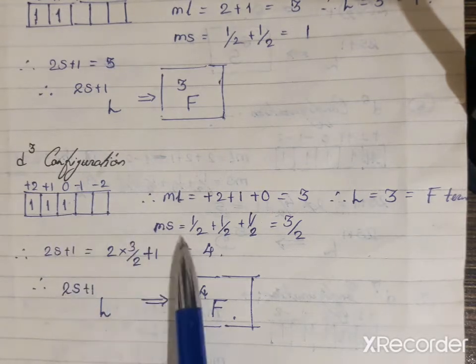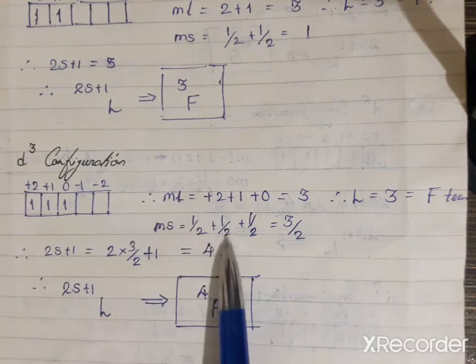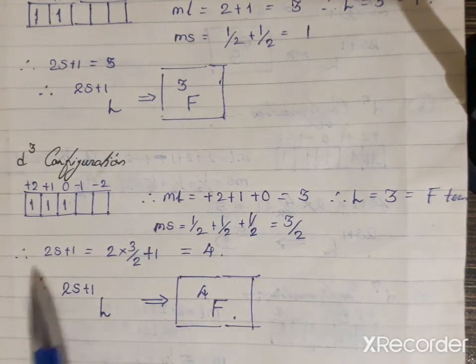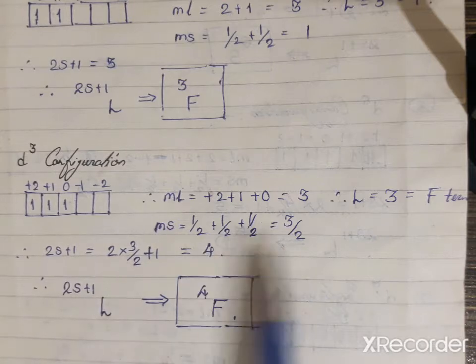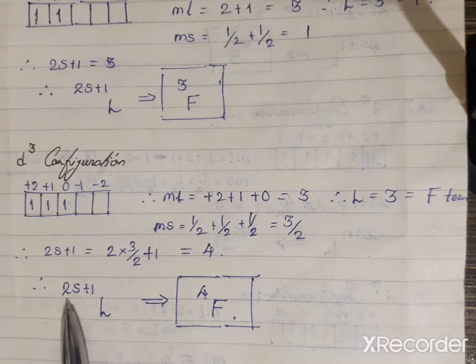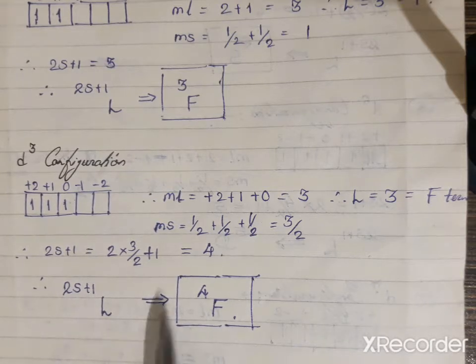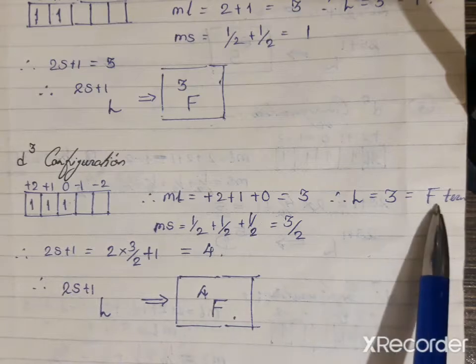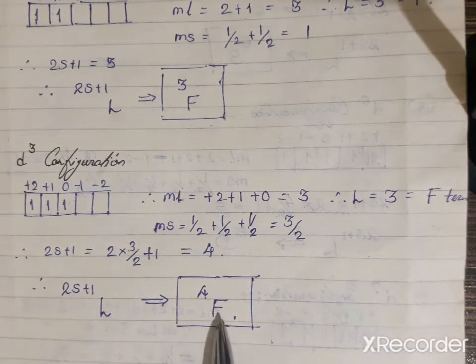So ms is equal to 1/2 plus 1/2 plus 1/2, which is equal to 3/2. Now 2S plus 1 is equal to 2 into 3/2 plus 1, which is 4. So the spin multiplicity is 4 and the term is F. So it is quartet F.